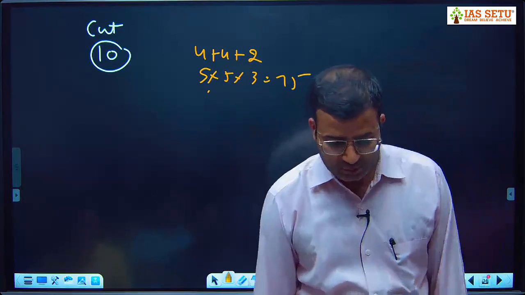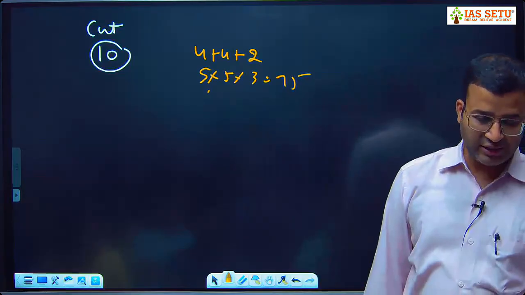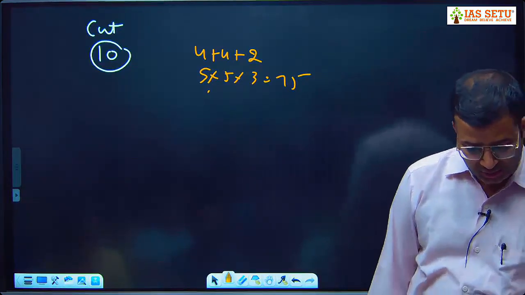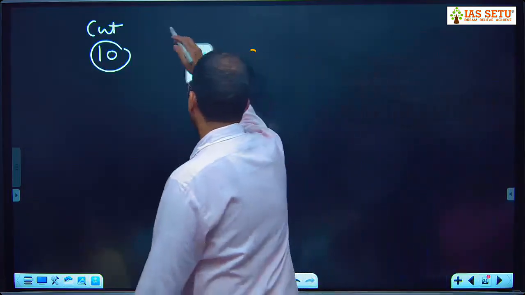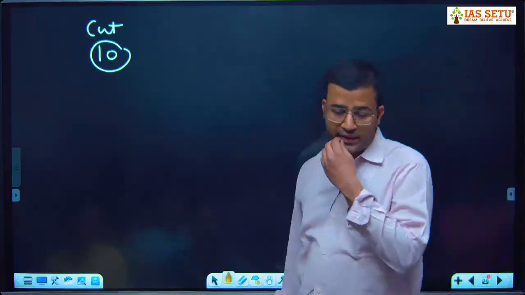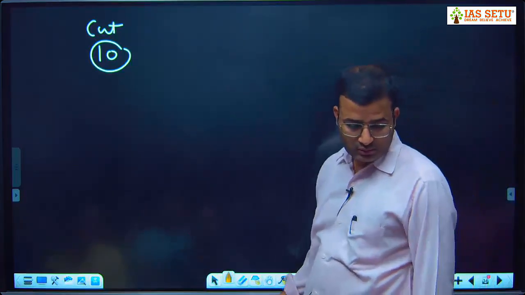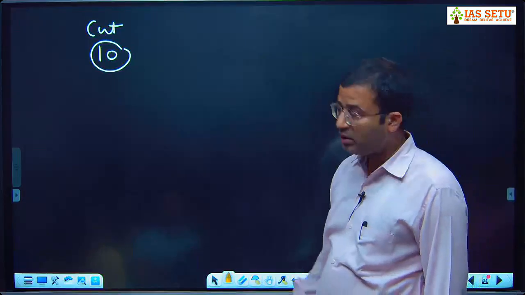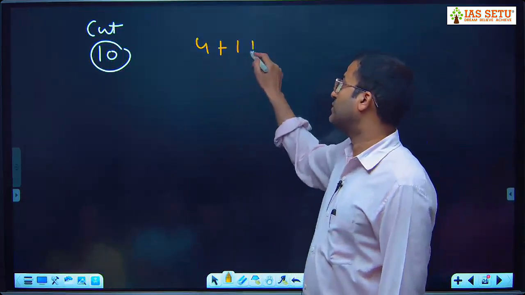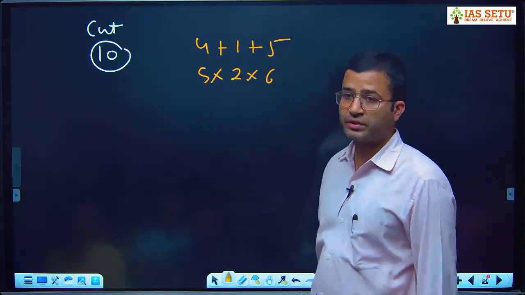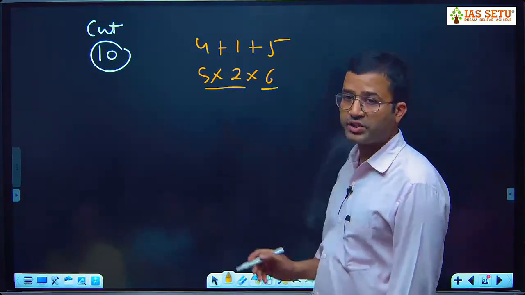आप आंसर बताओ बस, ठीक है? ऐसे नहीं लिखवा रहा मैं आपसे अभी। अच्छा, आपने 4-5 आंसर ट्राई किया है। जिसका 60 आंसर आ रहा है, उसने क्या किया? उसने किया 4 plus 1 plus 5, 5 into 2 into 6, 10 into 6, 60.